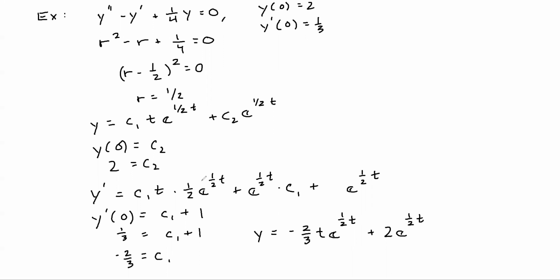All right. The second thing for this video is we're going to look at reduction of order. So the question is, this method that we just used, could we use this in any other circumstances?